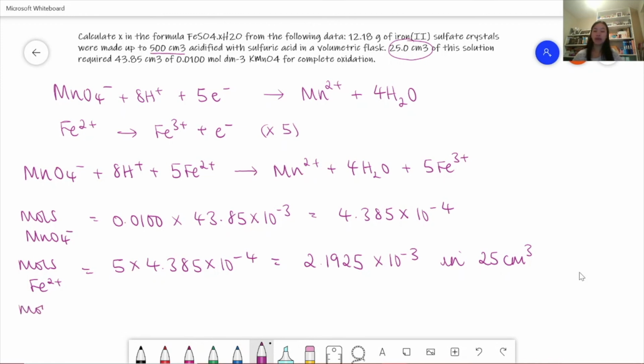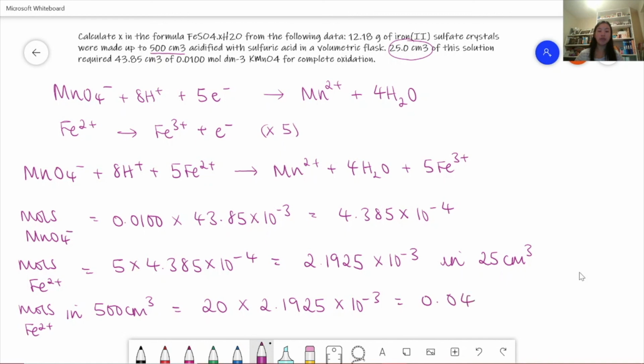And so we have the moles of Fe2+ in 500 centimeters cubed is equal to 20 times 2.1925 times 10 to the minus 3, because 500 is 20 times bigger than 25. And so this gives us 0.0385 moles.